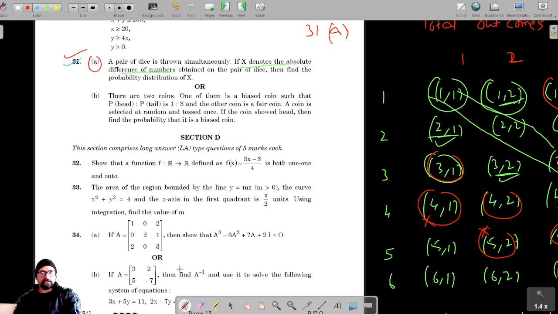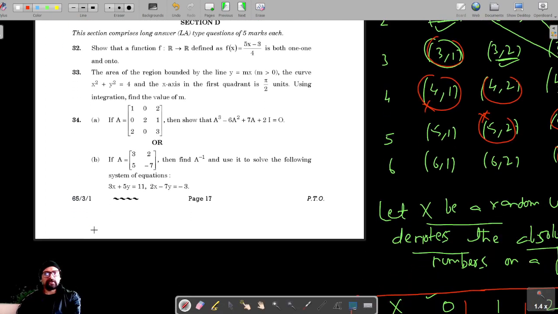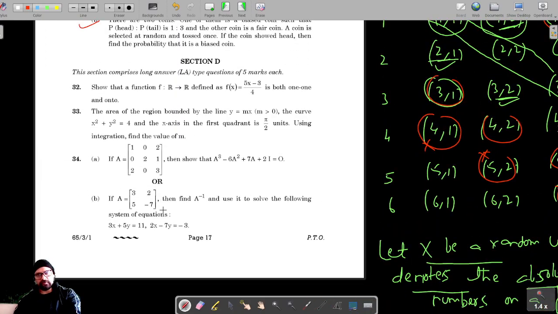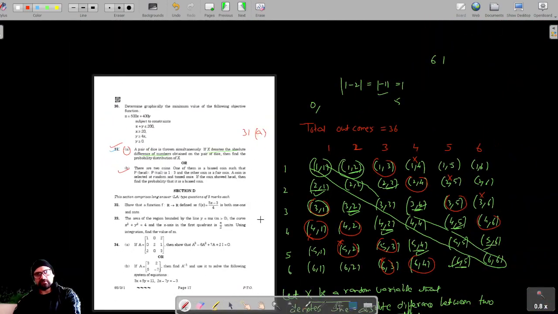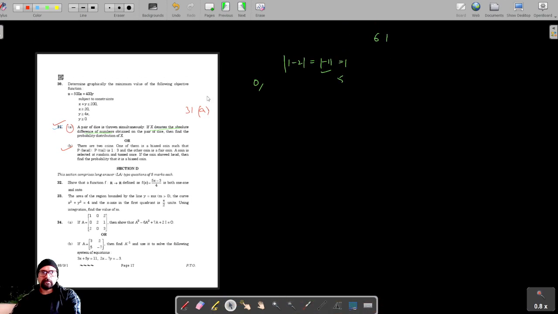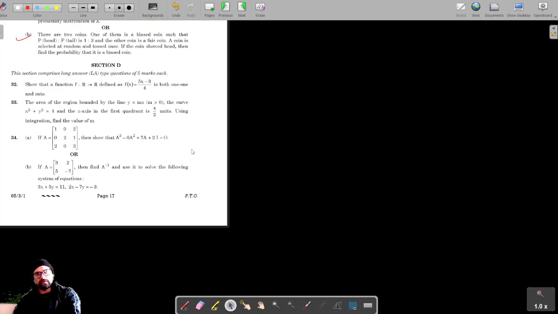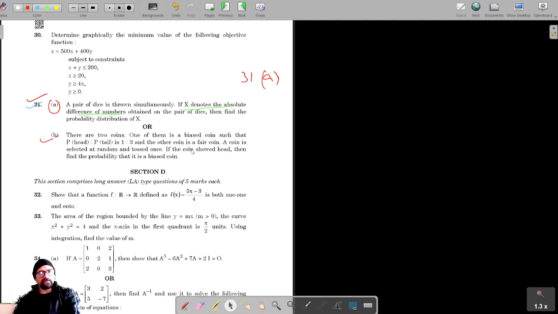That is the B part. For part B, it's given that there are two coins.